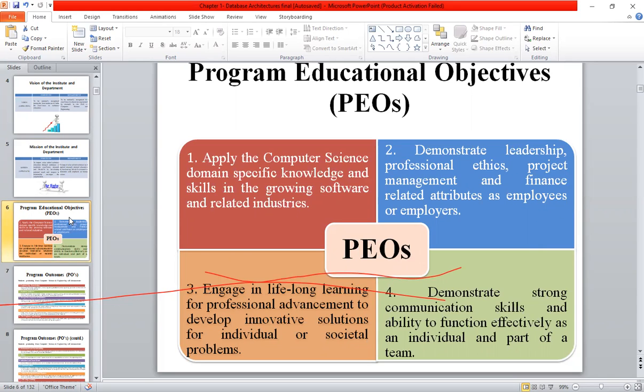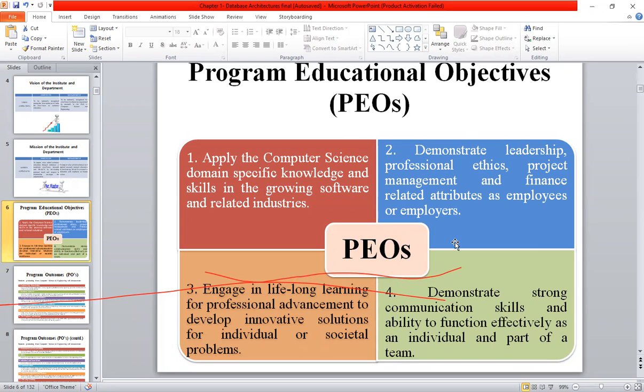The next thing is the program educational objectives. PEO means program educational objective. Basically, every engineer has four types of PEOs. So what are they?